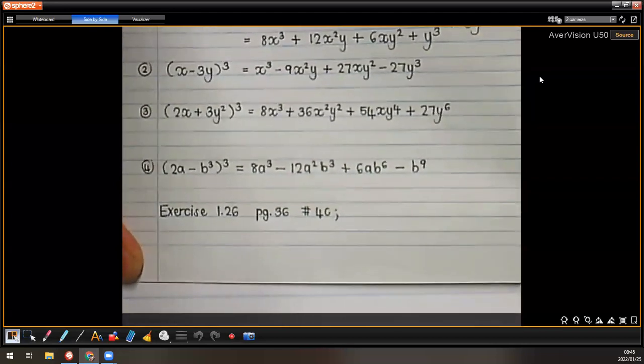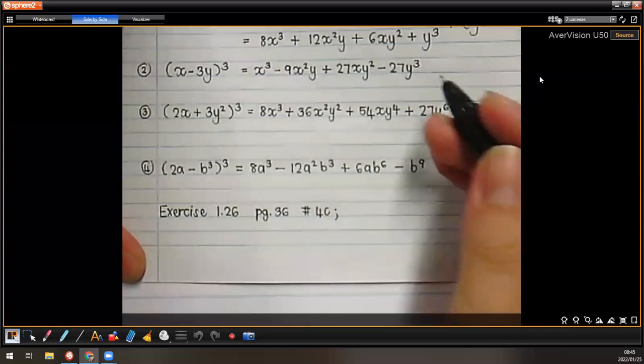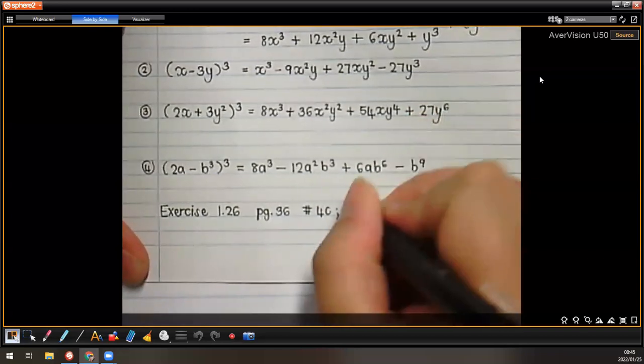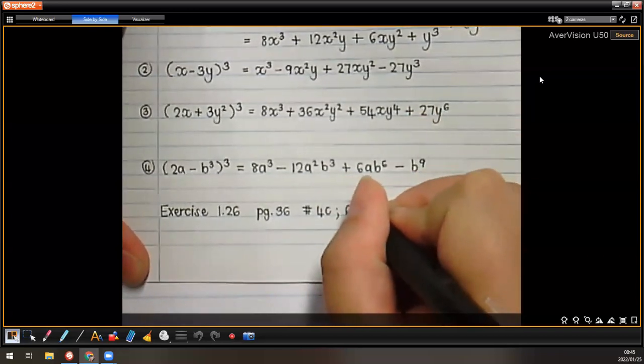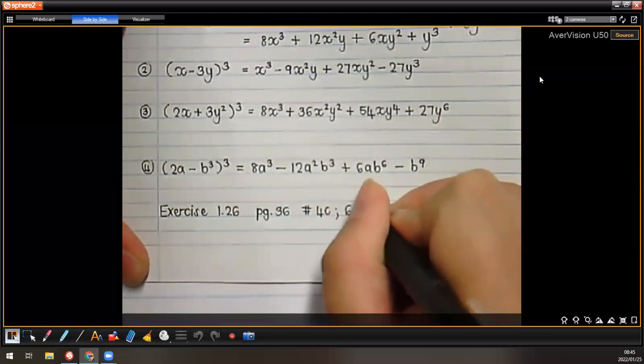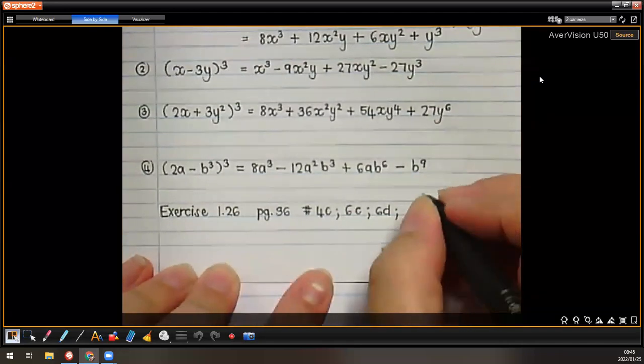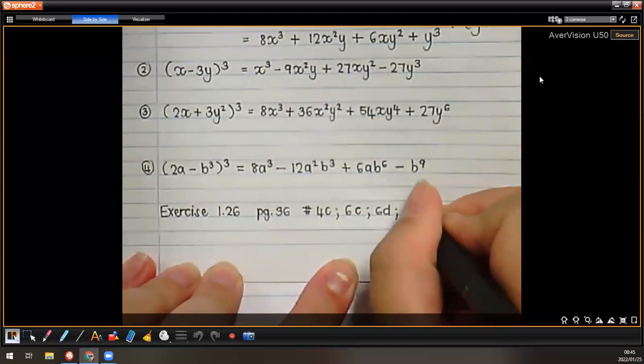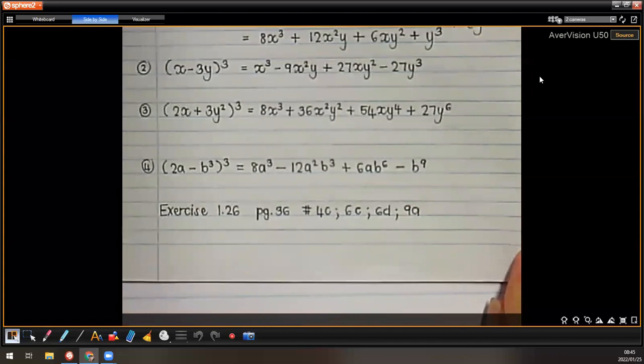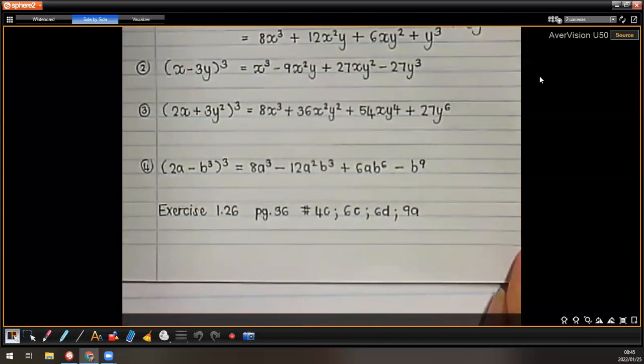Okay, so expand basically means the same as simplify. And 9a. Okay, 4 product questions. You can finish them in the time that you have left now. So please get going now.